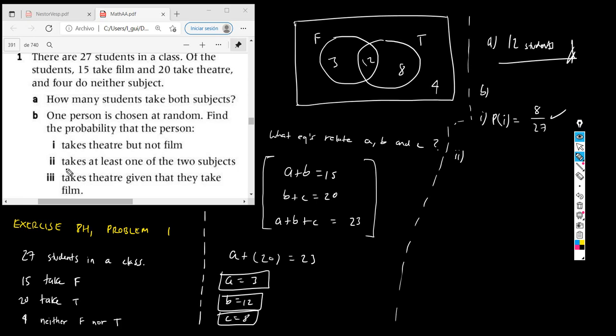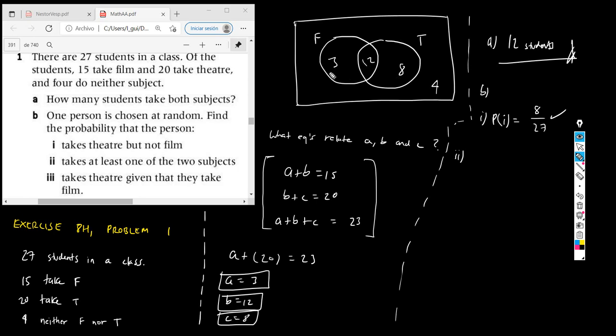Second, what is the probability that the person takes at least one of the two subjects? At least one. So all the people inside here, guys, all these 8 people, all these 12 people, and all these 3 people take at least one subject. You see, these take only one, these take only one, and all of these people take both.